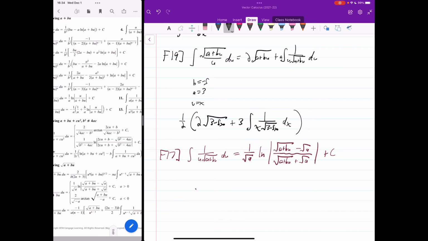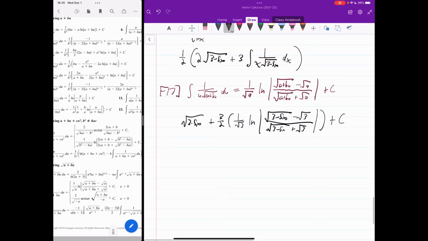We can distribute the 1/2 in, which is going to give me a root 3 minus 5x plus a 3/2 from the 1/2 times the 3. Then we still have the same a's and b's, so I'm going to plug those in. 1 over root 3 ln absolute value, the same radical 3 minus 5x minus radical 3 over radical 3 minus 5x plus radical 3, close, plus c.